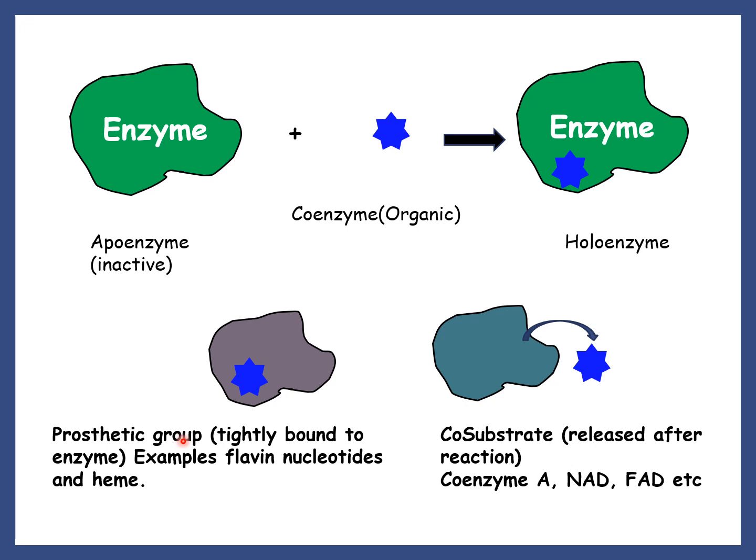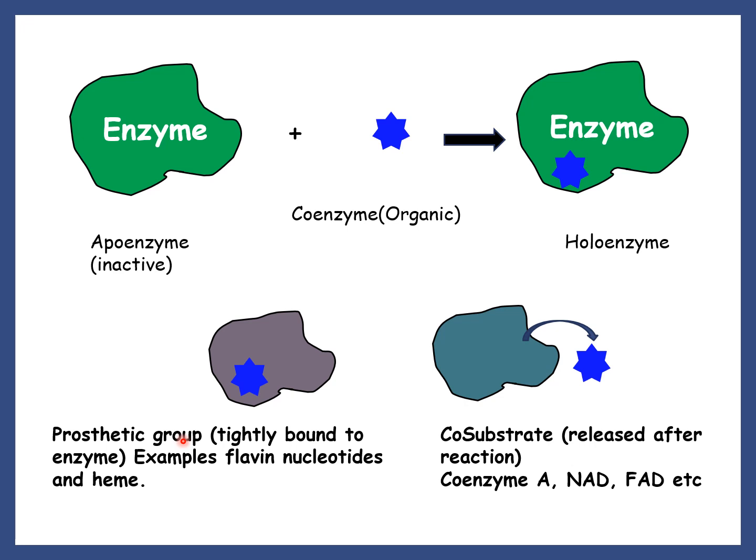It stays with the enzyme permanently. The examples are flavin nucleotides or the heme groups. So they are a component of the enzyme. They are non-protein components. They are not protein in nature, these coenzymes. They remain covalently and permanently bound to the enzyme molecule, and that's why they're called prosthetic groups.